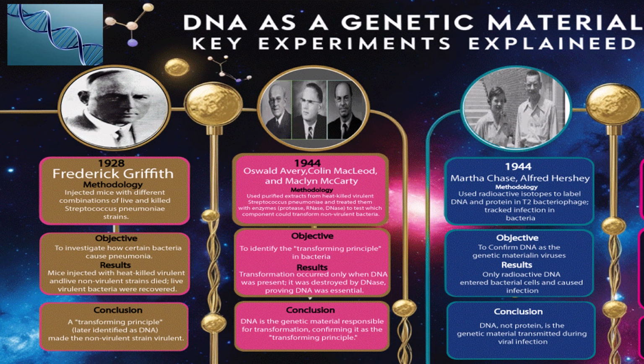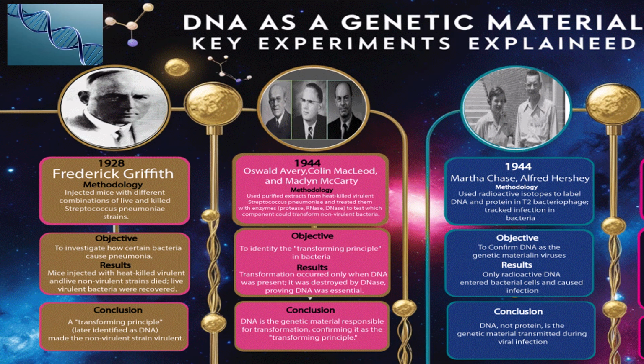To sum up, the three groundbreaking experiments are the experiments conducted by Frederick Griffith in the year 1928, McCarthy, MacLeod, and Avery in the year 1944, and the Hershey and Chase experiment in the year 1952.